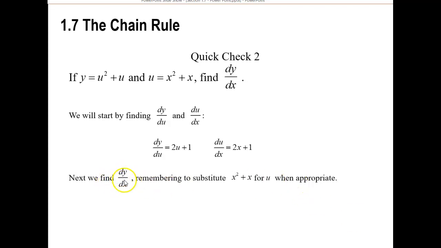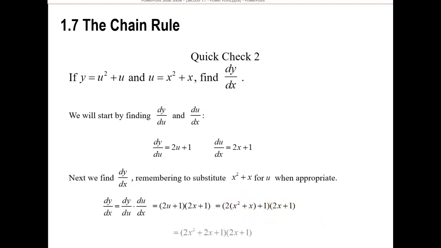So now we find dy dx, remembering to substitute the x squared plus x in for u when we get to the end. So dy dx is dy du times du dx. So 2u plus 1 times 2x plus 1. But remember what u was. u was x squared plus x, so 2 times the u plus 1, times 2x plus 1.